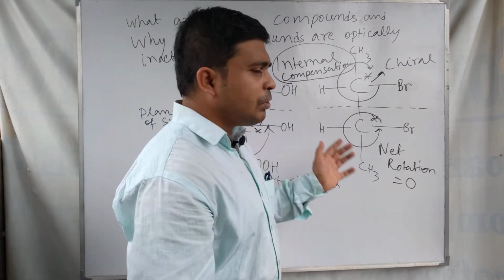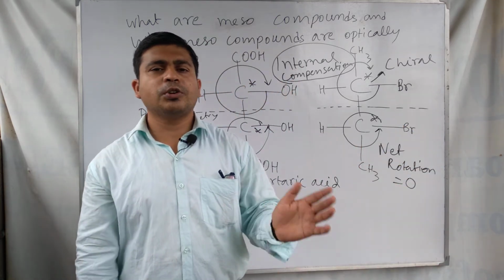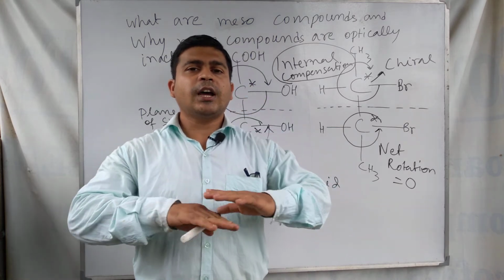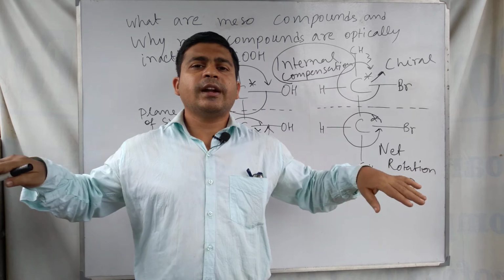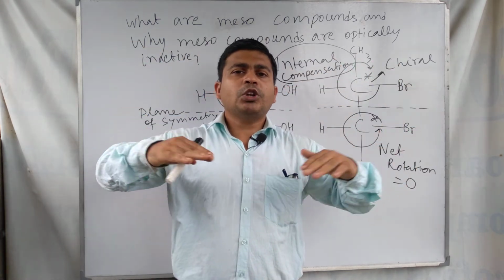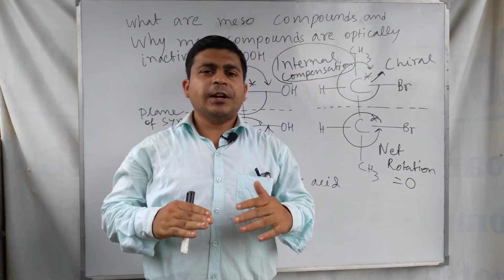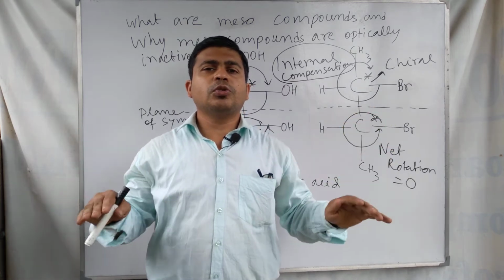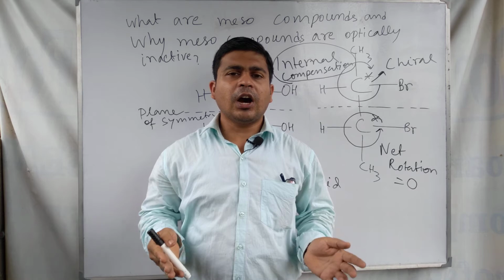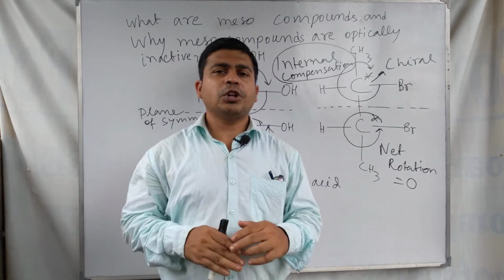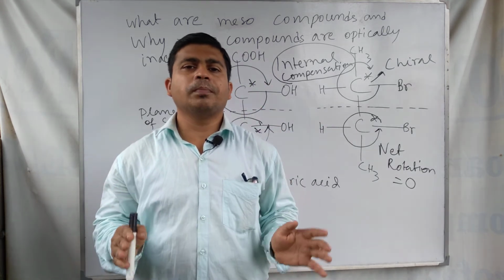So this is the discussion about meso compounds. A meso compound is a compound that has a plane of symmetry, a plane that divides the molecule into two equal halves. Molecules of this type are optically inactive and called meso compounds.